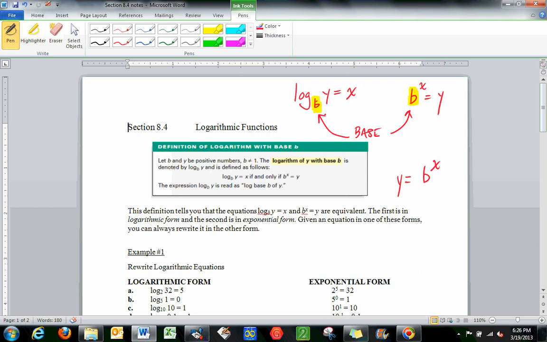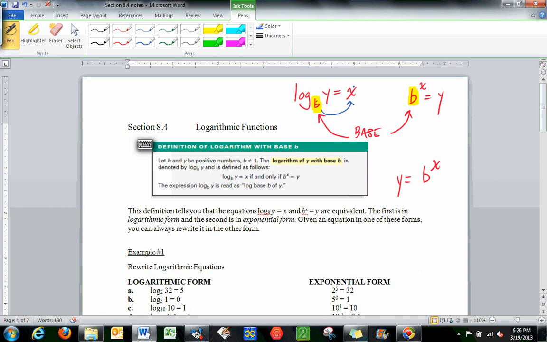The first thing that we need to get comfortable with is simply rewriting from an exponential function to a log function, and from a log function to an exponential function. So I'm going to give you a short trick to remember how to do this. If we start with a log function, we always want to start with the base, and we take the base and raise it to the power that the log function is equal to.